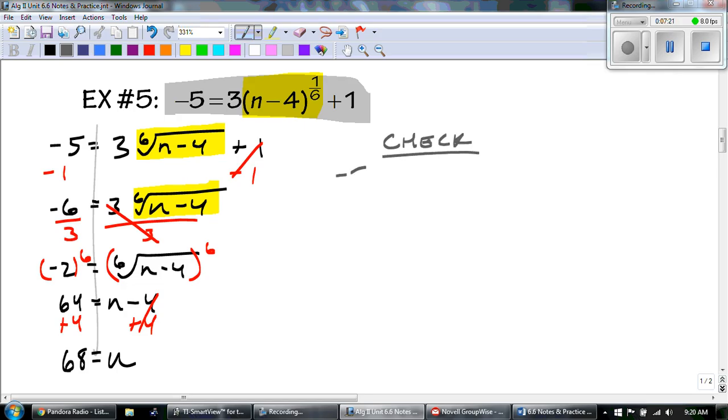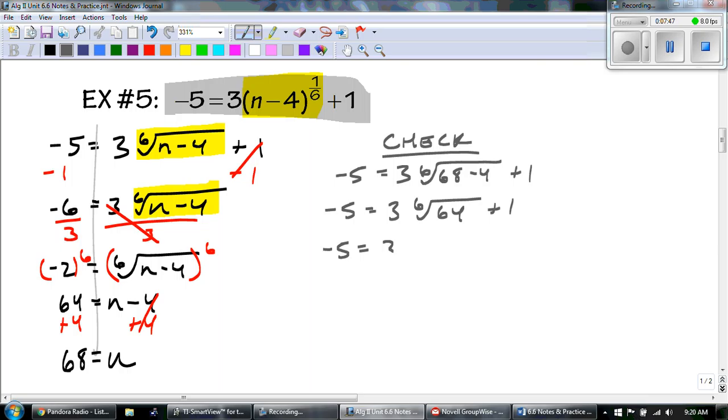So we have negative 5 equals 3 times, oh, sorry, the 6th root of 68 minus 4 plus 1. So 68 minus 4 is 64 plus 1.